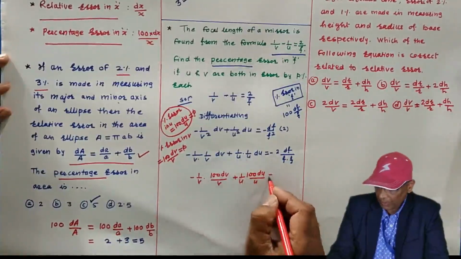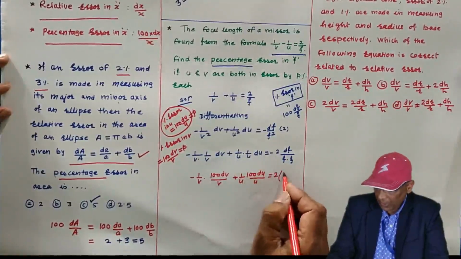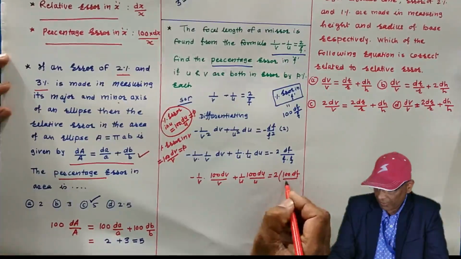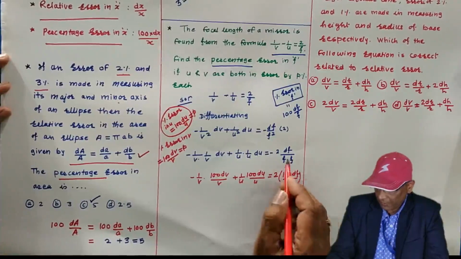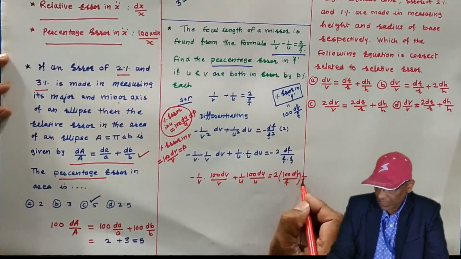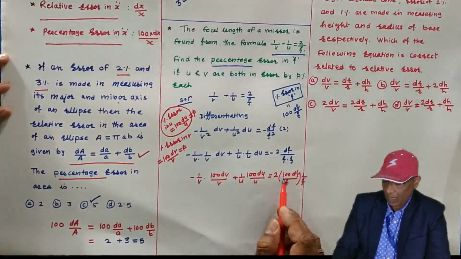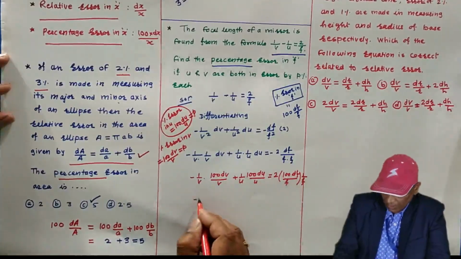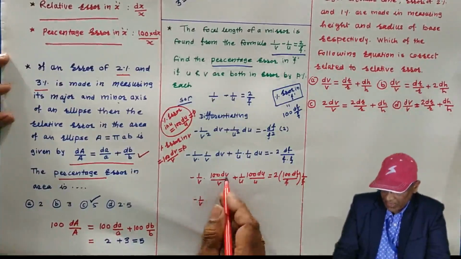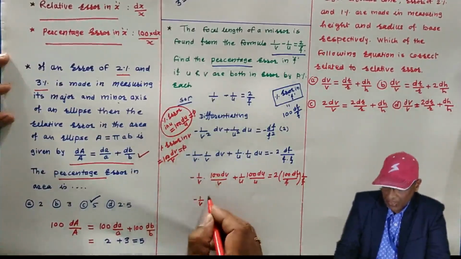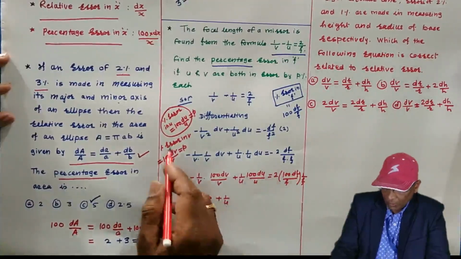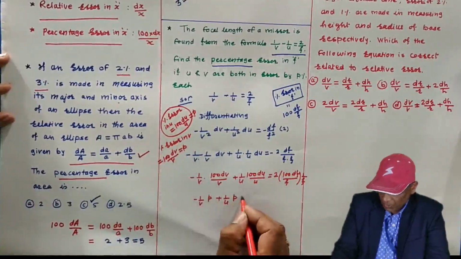I am going to multiply it by 100. Here 2 multiplied by 100 df by f, and we are interested in 100 df by f, which is the percentage error. Now minus 1 by v as is, 100 dv by v is p, which is given to you. 100 du by u is p, which is also given.